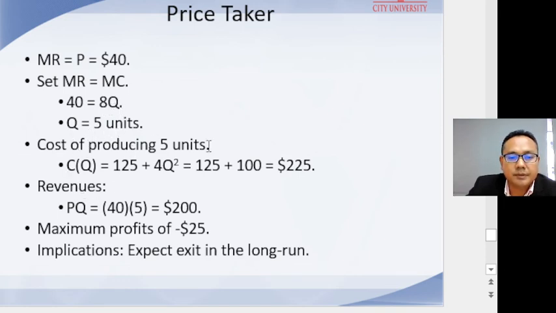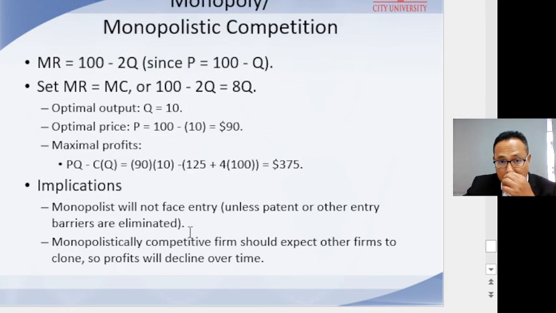The cost of producing 5 units equals $225. Revenue in this case is $200. So the maximum profit is minus 35. The implication in this situation is to expect exit in the long run, because you can see this is minus 35.